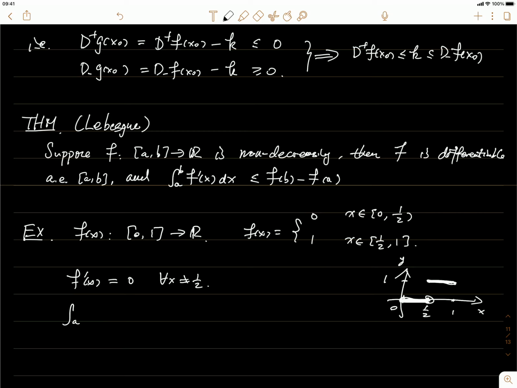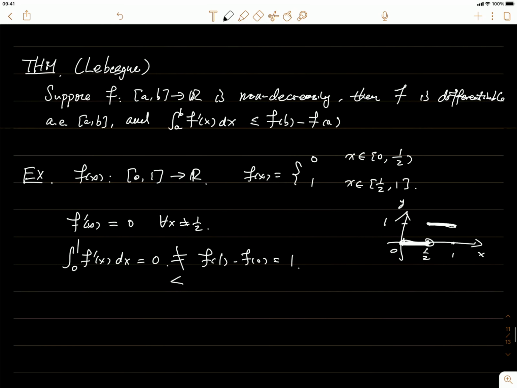Then the integral of that, from 0 to 1, apparently since it's 0 almost everywhere, is just 0. But on the other hand, f(1) minus f(0) is equal to 1. So these two are not equal. Okay, but this is less than that. So we can show this is less than or equal to that, but it's not equal.